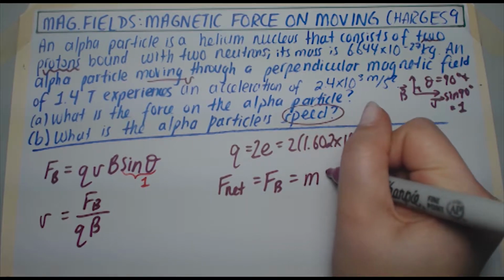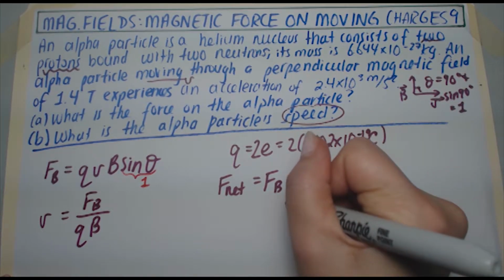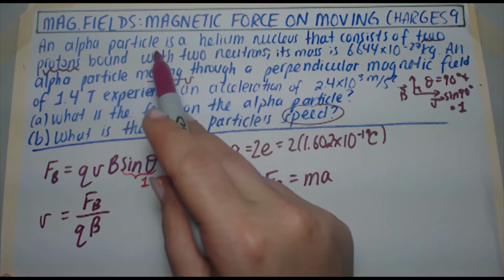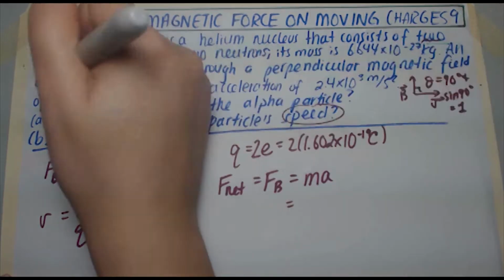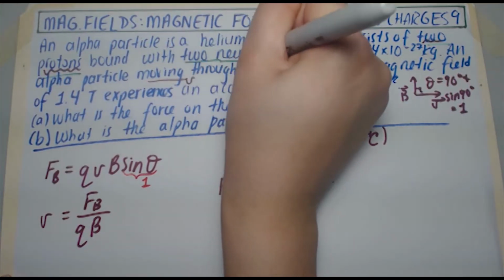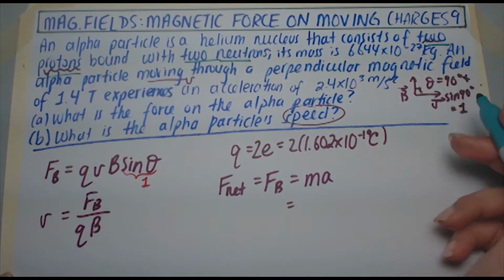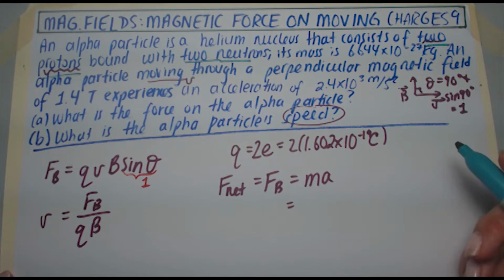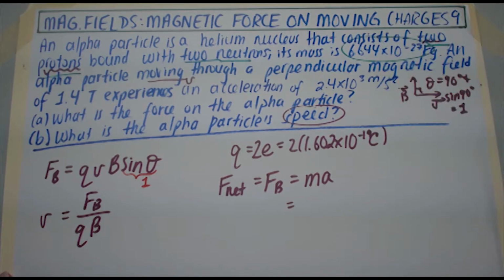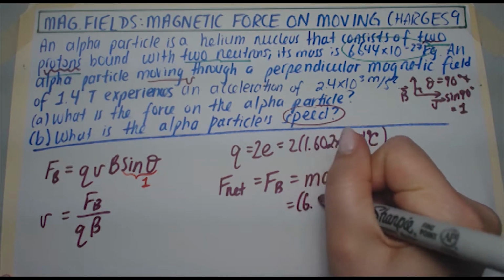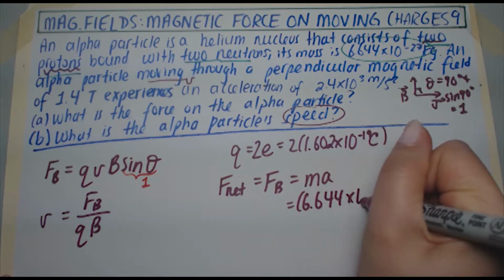Okay, so if we assume FB to be F net, then we can set FB equal to ma. Now what's the mass of the alpha particle? Well, the mass is going to come from the 2 protons and the 2 neutrons. So be careful because neutrons might not have a charge, but they certainly have a mass. The mass is given to us as 6.644 times 10 to the minus 27 kilograms.